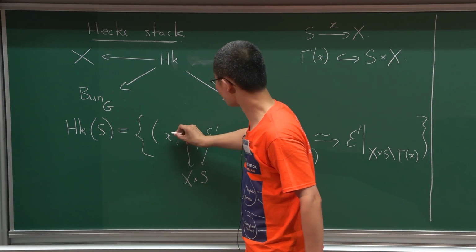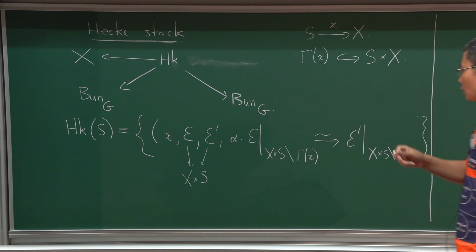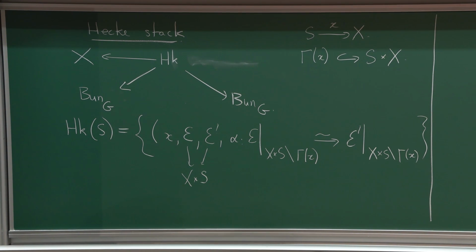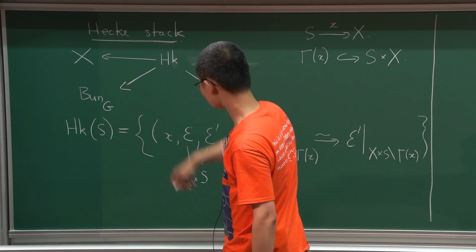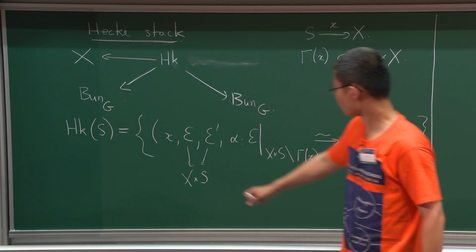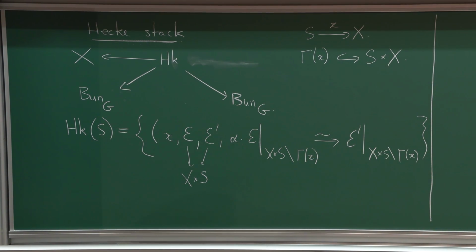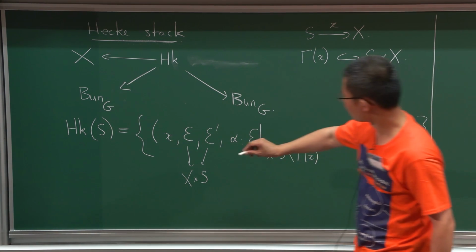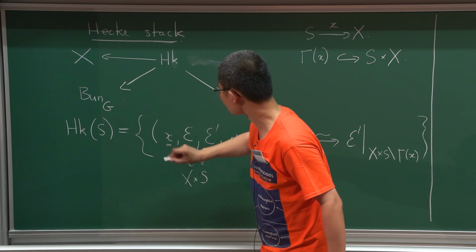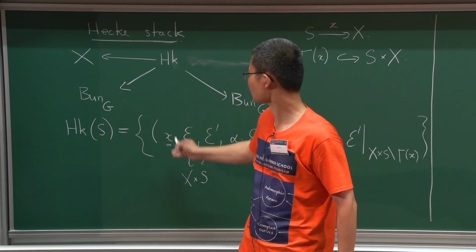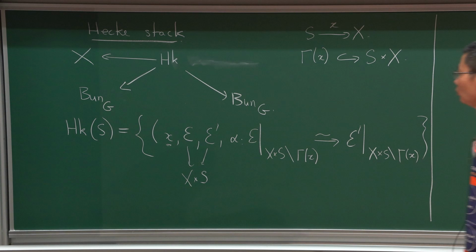This should be familiar to you if you are familiar with modular curves. At least for a fixed point x, this kind of modification is analogous to a p-isogeny, for a fixed p, between elliptic curves. The only little extra thing here is that this x is also varying. Okay, so that's mapping Hecke to X.